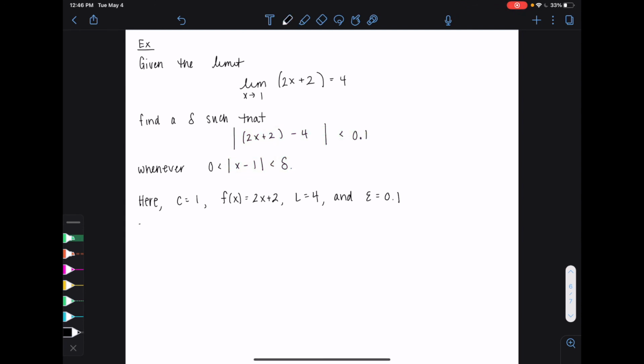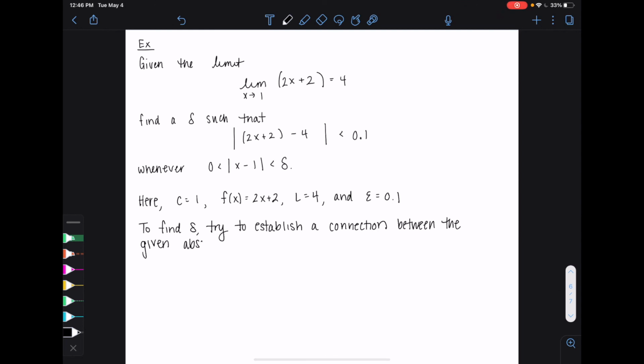So to find delta, try to establish a connection between the given absolute values.